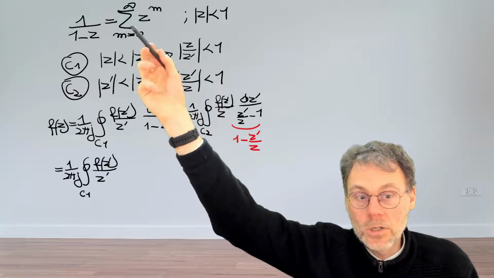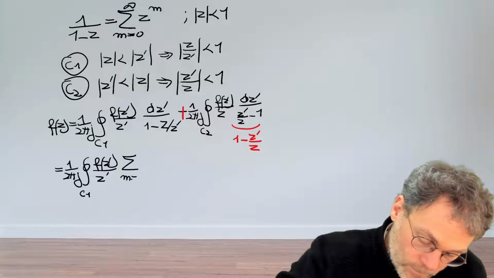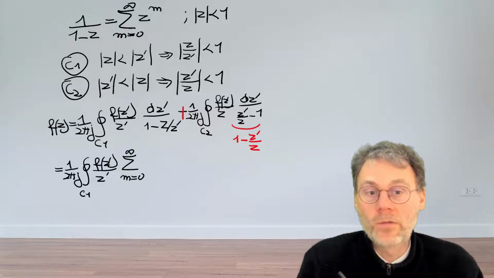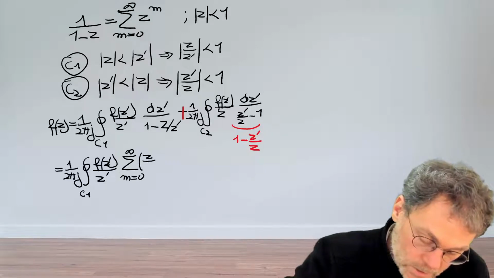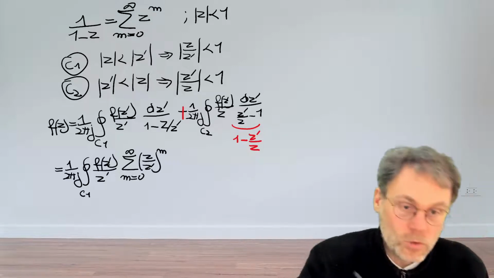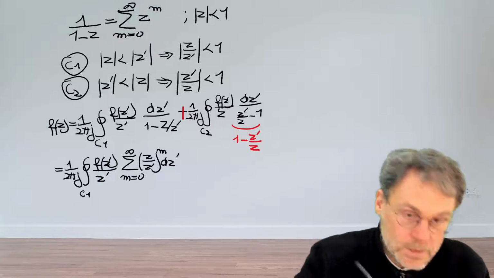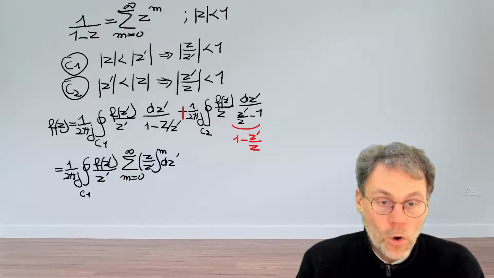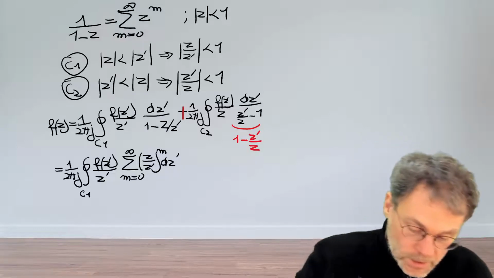So this teaches us that we can write this as a sum of m going from 0 to infinity of something to the power of m, and the something is z over z prime to the power of m, dz prime. Okay, let's now do the same thing for the second term.